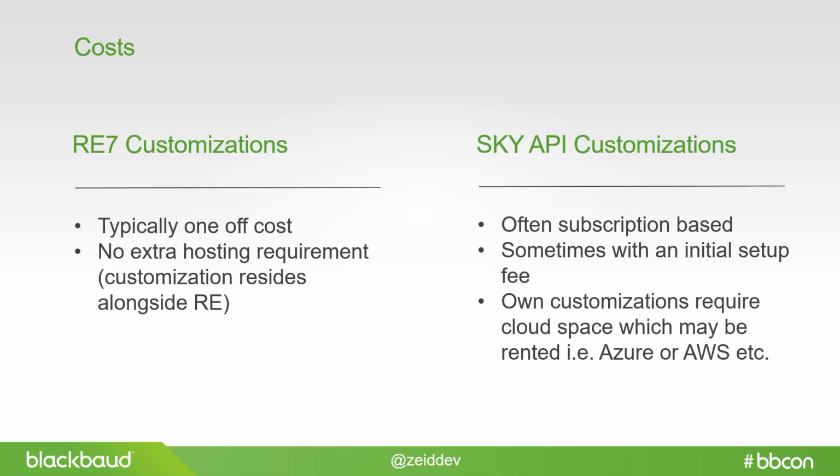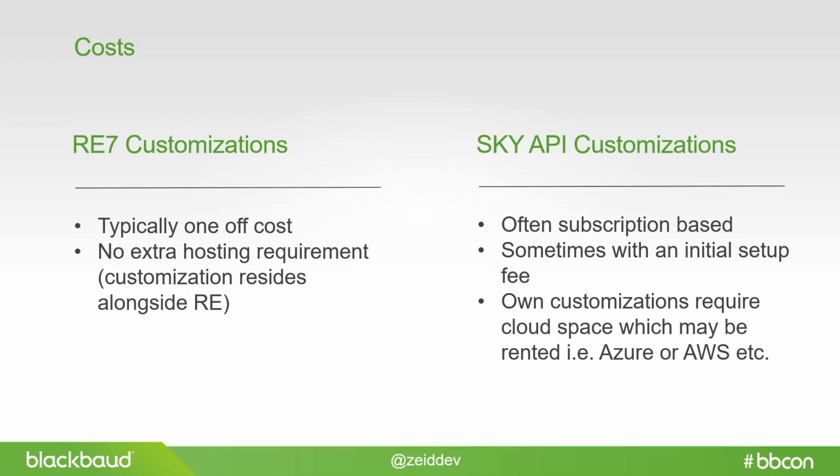Sky API customizations, or online customizations at least, tend to be subscription-based. Of course, very many RE7 customizations have gone that way too, in order to make the transition when they do go to NXT. They're also subscription-based. But typically, online applications are subscription-based.